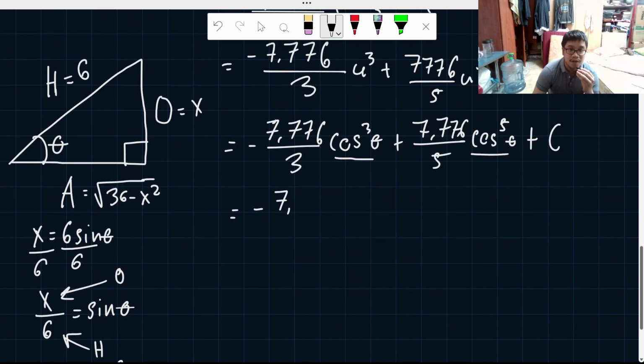Hence, we will have negative 7,776 all over 3 times, since this is in cube, this has an exponent of 3.